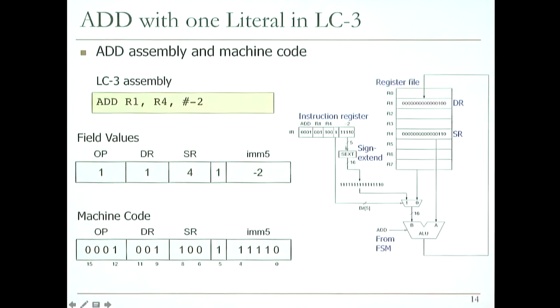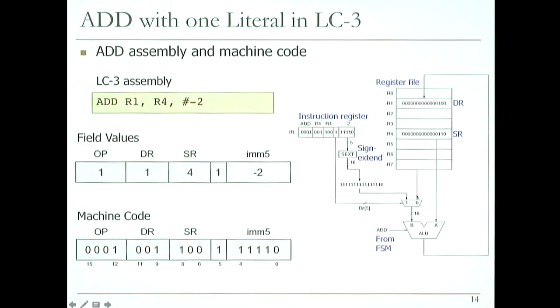So from 5, we go to 16 lines. What the ALU is going to do is take this input, the immediate operand, and the other operand will be the source register, and in this case, we perform an addition. Then finally, we store the result in the destination register.